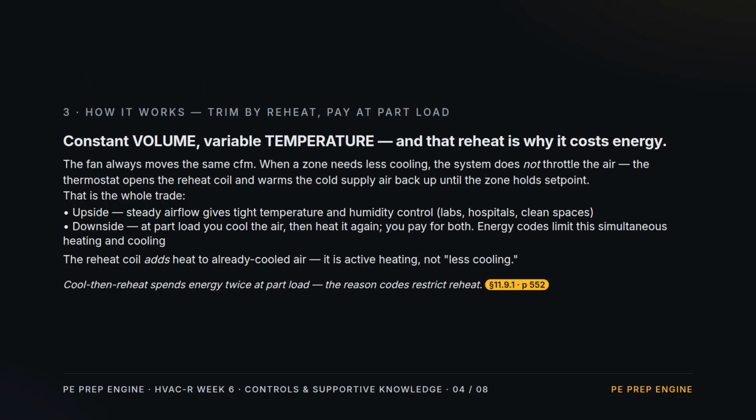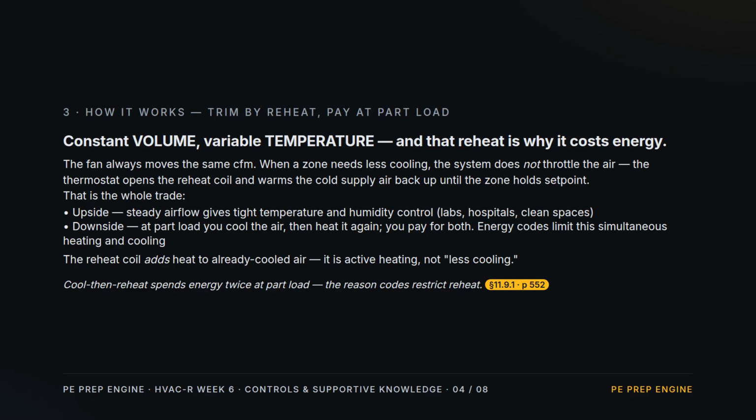How it works. Trim by reheat, pay at part load. The fan always moves the same CFM. When a zone needs less cooling, the system does not throttle the air. Instead, the thermostat opens the reheat coil and warms that cold supply air back up until the zone holds set point. That's the whole trade.